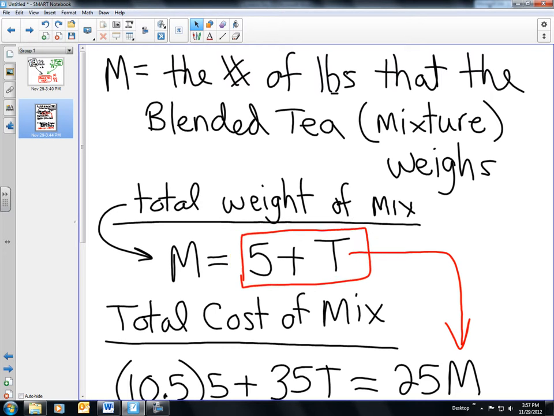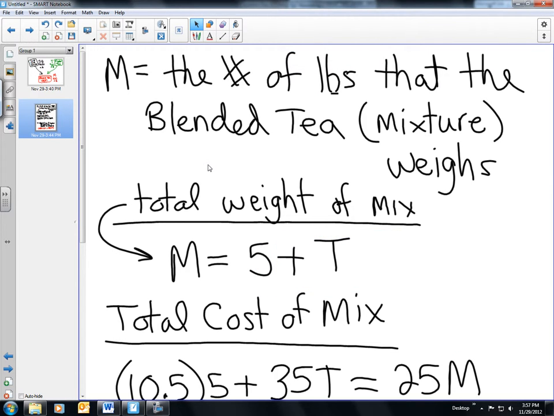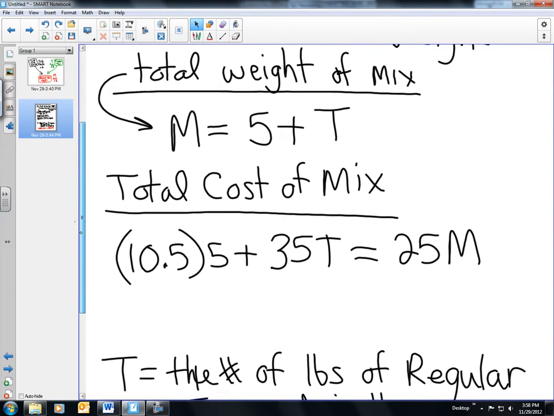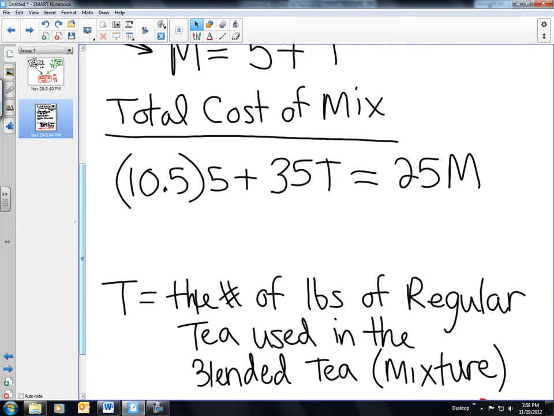And what we can do then is write M as our variable. Then we're going to represent the number of pounds of the regular tea used in the blended mixture as T. So T is the number of pounds that are used in the mixture.